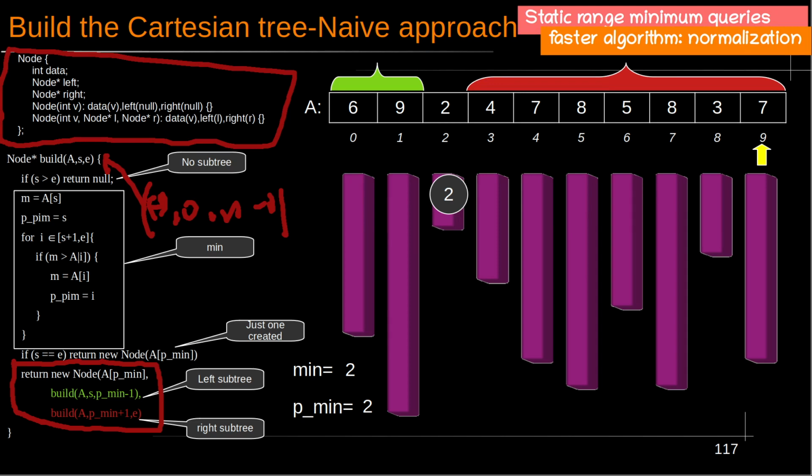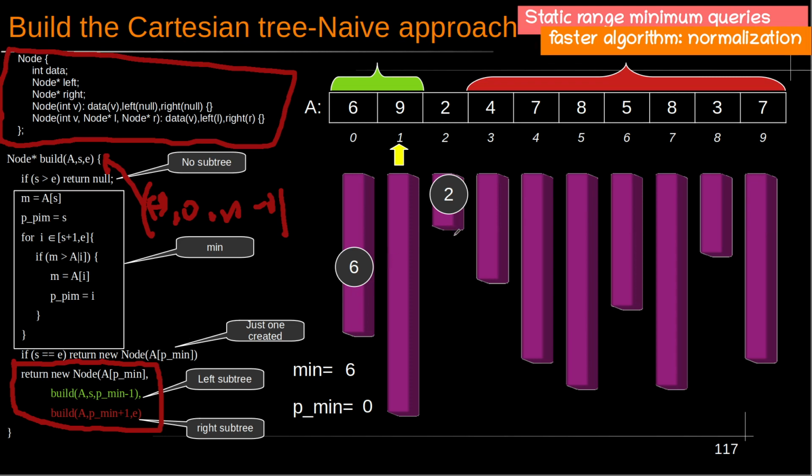Let's take the left subtree here. I will say that the minimum is 6 at position 0, and we're going to run over the rest of the elements of the left part of the array. Is 6 greater than 9? The answer is no. So the minimum here is 6. We reached the end of the array here, from 0 to 1. The same code will be executed.